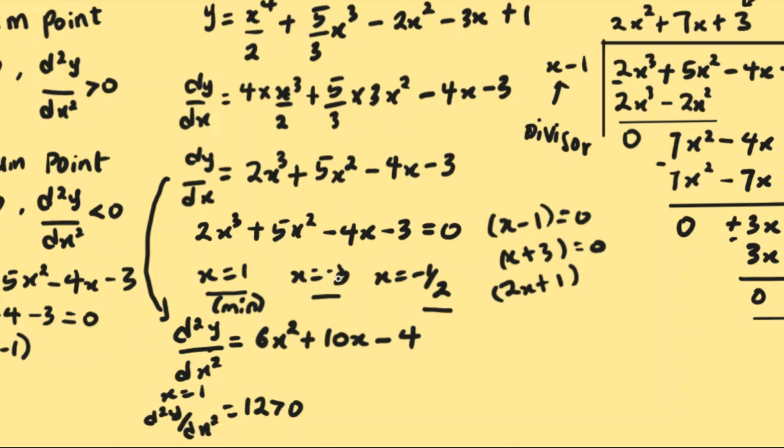Now, we'll repeat the same process when x is equal to minus 3. You're going to find your d²y/dx². Here you substitute minus 3. So that will be 6 times minus 3 raised to the power of 2 plus 10 times minus 3 minus 4, and that is going to give us 20.